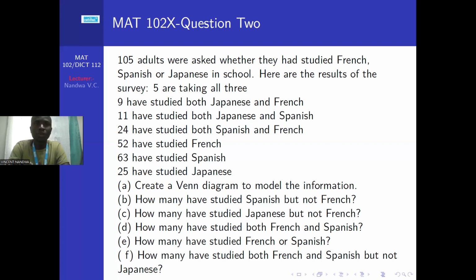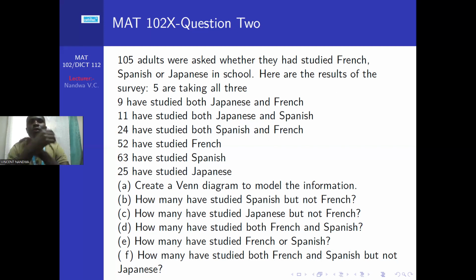So the first question is to create a Venn diagram to represent the information, and then respond to the questions that follow, from B to F. Now, it's very clear that the main sets of interest in this question are 3. One, the set of adults who had studied French, the second one, the set of adults who had studied Spanish, and then the third one, the set of adults who had studied Japanese language.